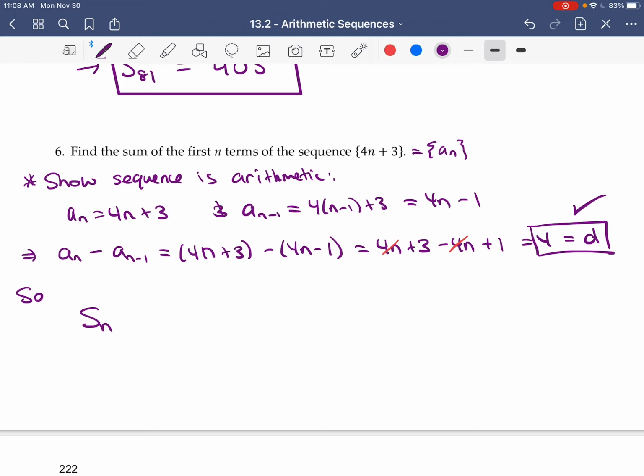So we can find S_n using the formula. First of all, let's do a_1. That's 4 times 1 plus 3, so that's 7.